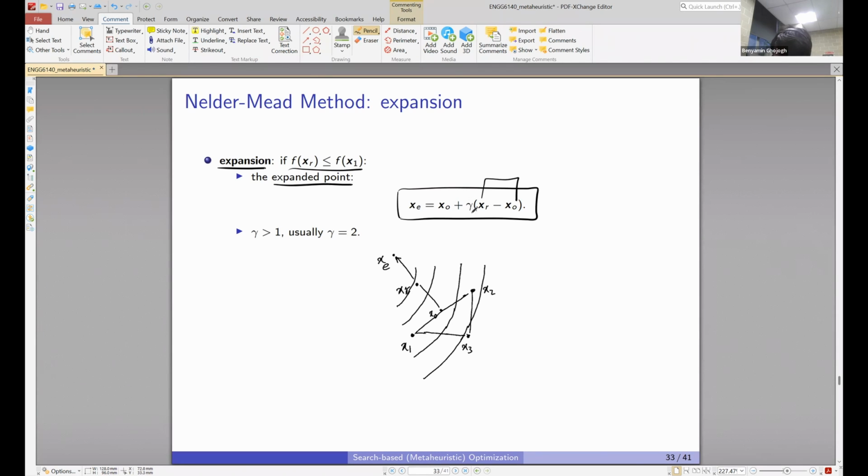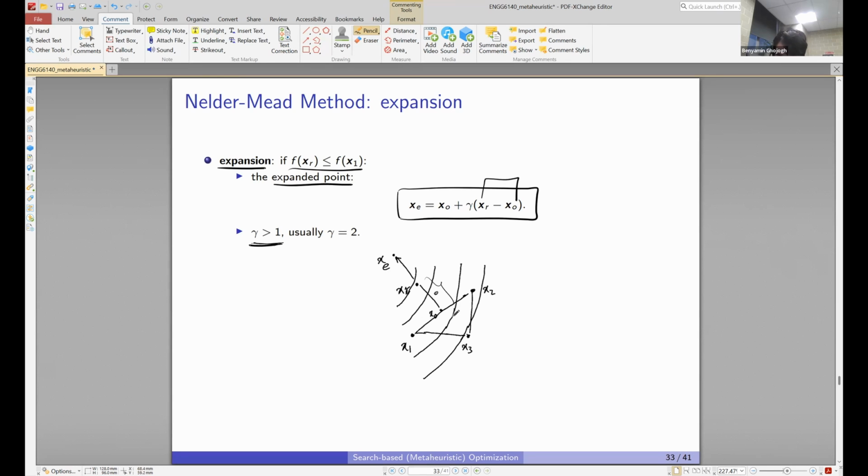But how much? Gamma. Gamma is, first off, greater than 1. Why? Because I want to go further than the reflected point, because I want to expand the reflected simplex. As I want to expand it, gamma shouldn't be less than 1, because if it's between 0 and 1, I will end up in this range, between xo and xr, so it won't be expanded.